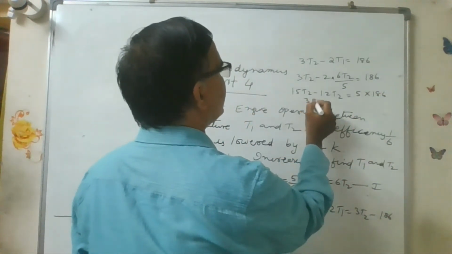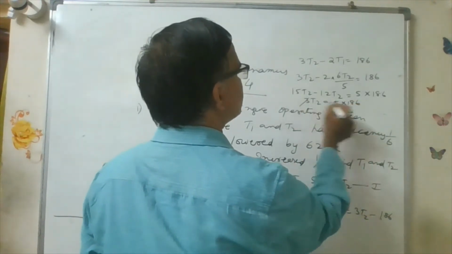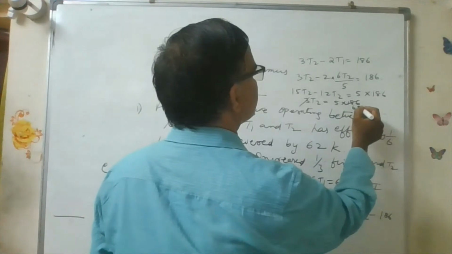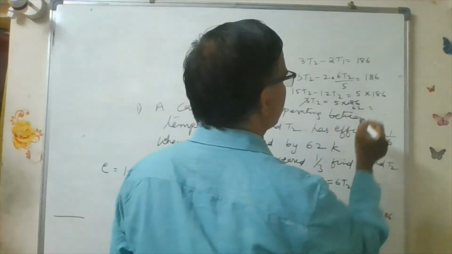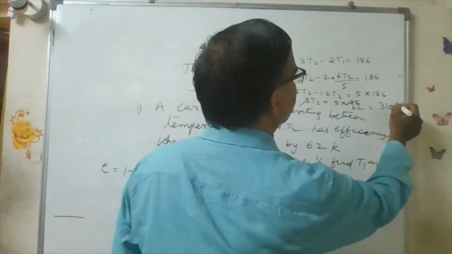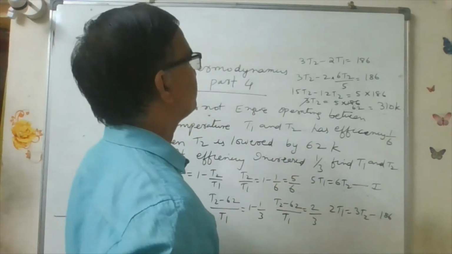So 3T2 is equal to 5 into 186. How much do you get here? 5 into 186 divided by 3 is 310 Kelvin. T2 we get as 310 Kelvin.